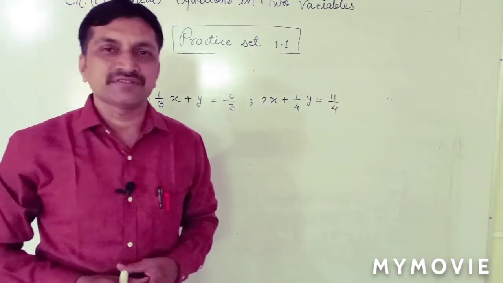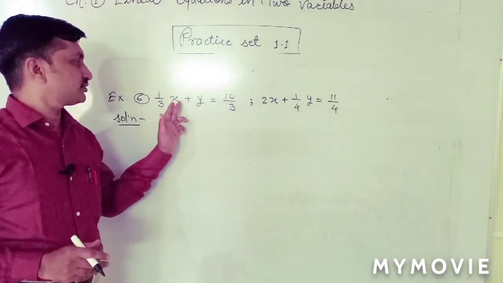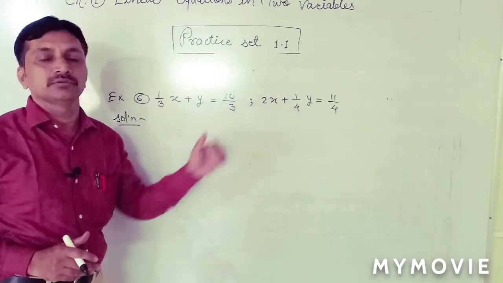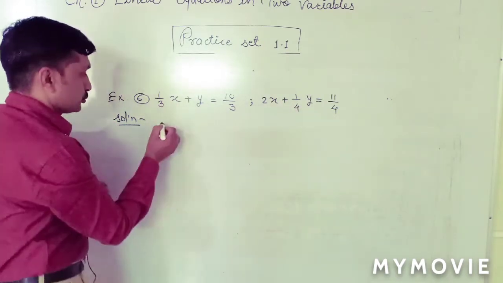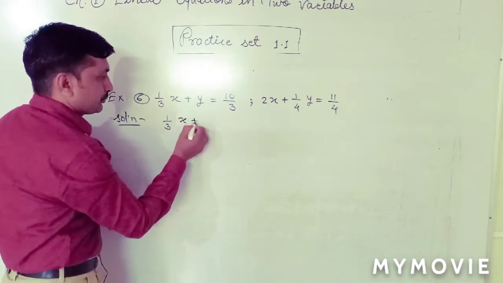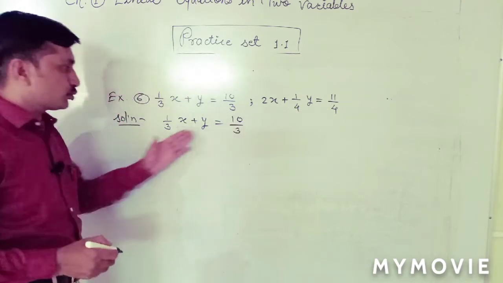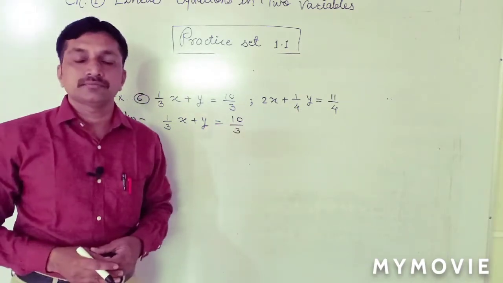Let's see example number 6. In example number 6, the coefficients of x and y are fractions. Now what to do if such an example is there? 1 upon 3x plus y is equal to 10 upon 3. We don't want these numbers in the denominator.